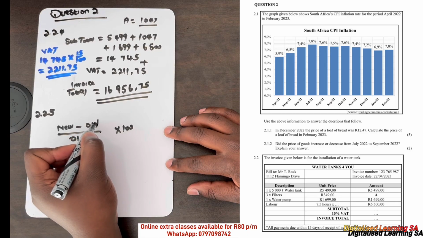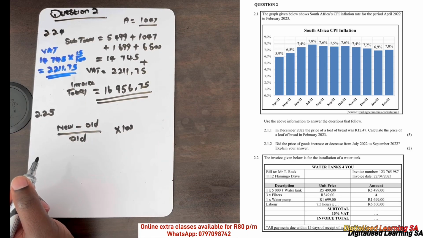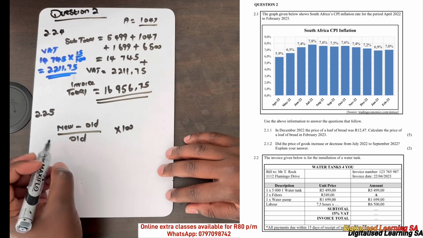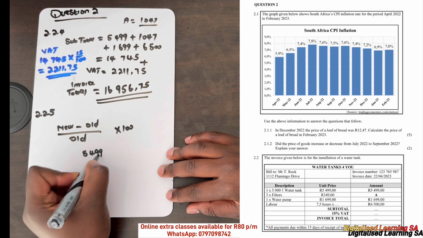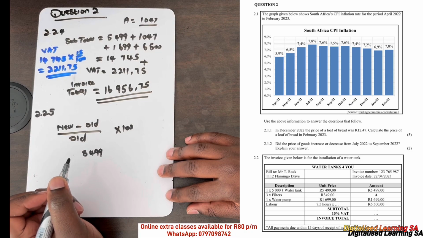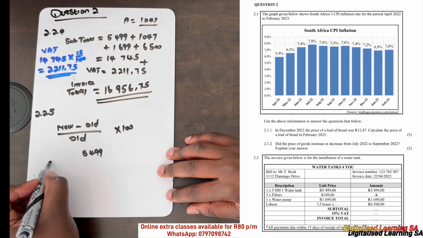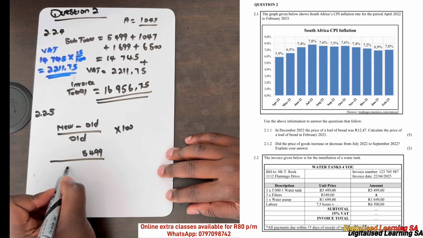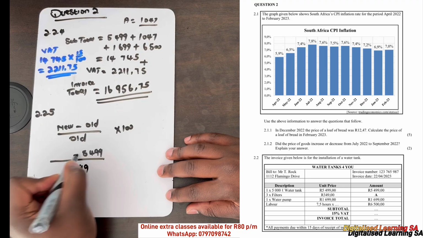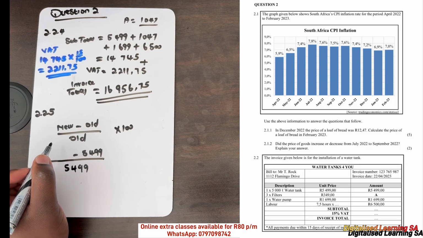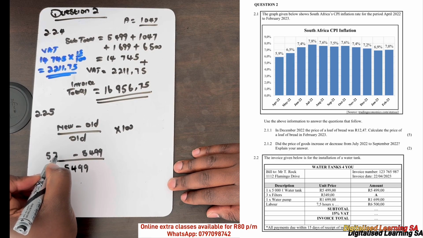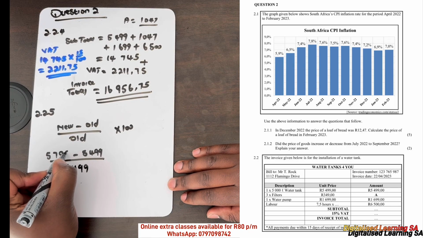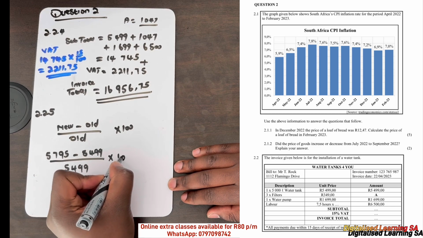So this is our old price before it increased, which was 5499. So that's the water tank price. And remember this is our old, meaning that we still need to divide by it, 5499. And then our new price is 5,795, multiplied by 100.